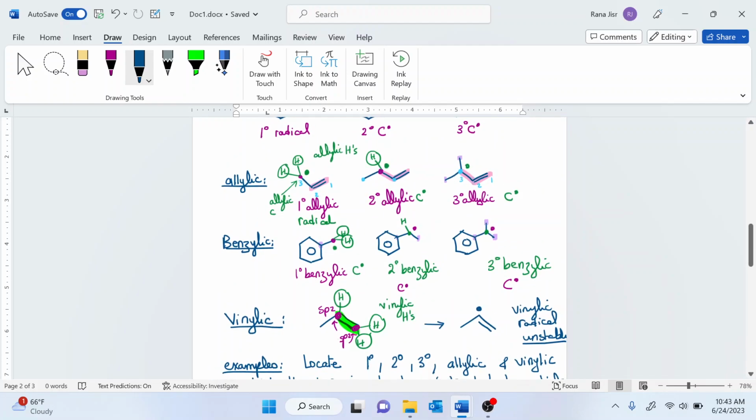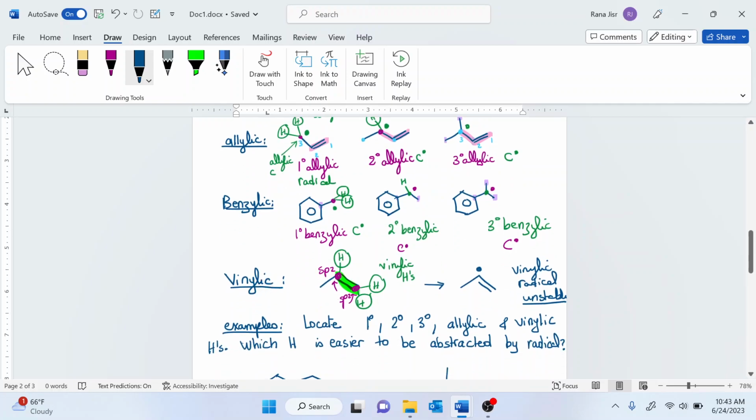So we conclude that the allylic and the benzylic radicals, they are stable radicals, and the reason they are stable is because the sp3 carbon hydrogen bond can be broken easily due to the less electronegativity of the sp3, and that will generate a stable free radical. So if you get a stable free radical, this means that the bond is weak and it can be broken easily.